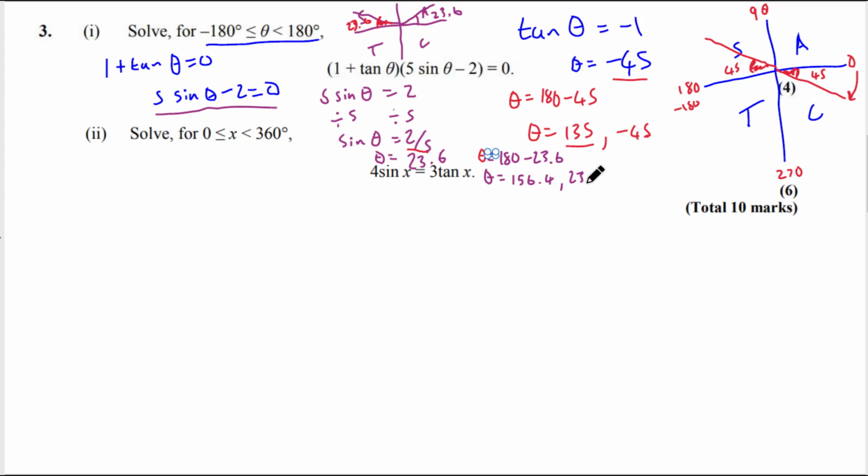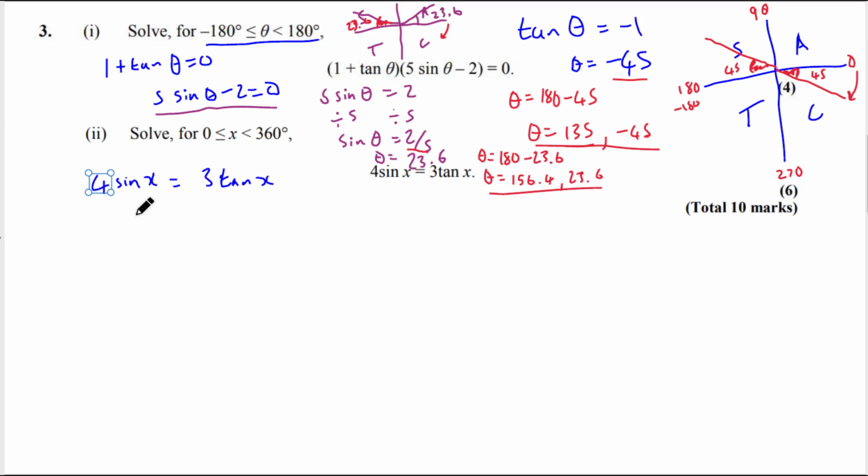So those are our two solutions done, here and here. And that should give you full marks. Now we can check round here if we're going to get a solution of minus 180, but can you see if we go backwards along this way, sine is negative here and sine is negative here, so those are the four solutions. So let's look at the next question now.